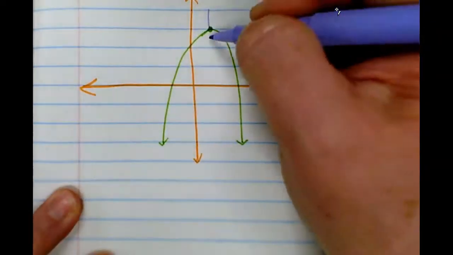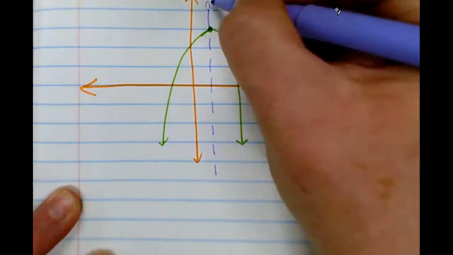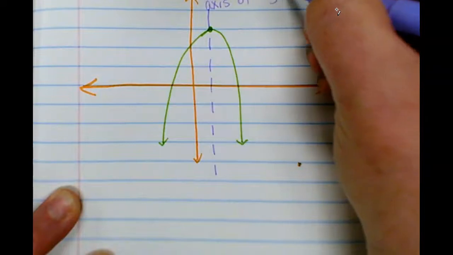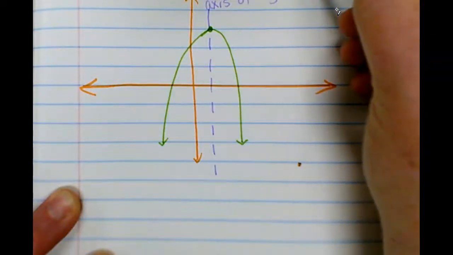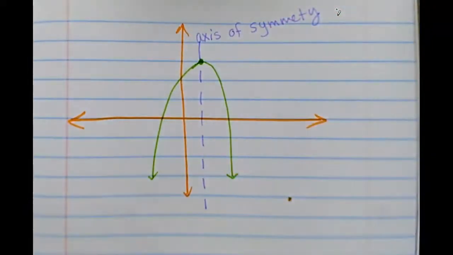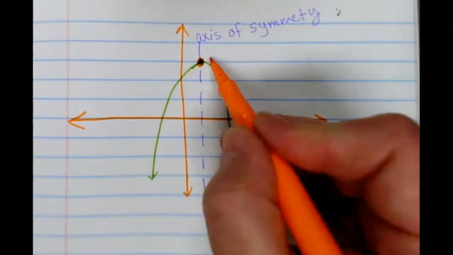That looks like this. What's this line down the middle called? Does this axis of symmetry go through the vertex point? Oh, where is the vertex point? What's that point called?